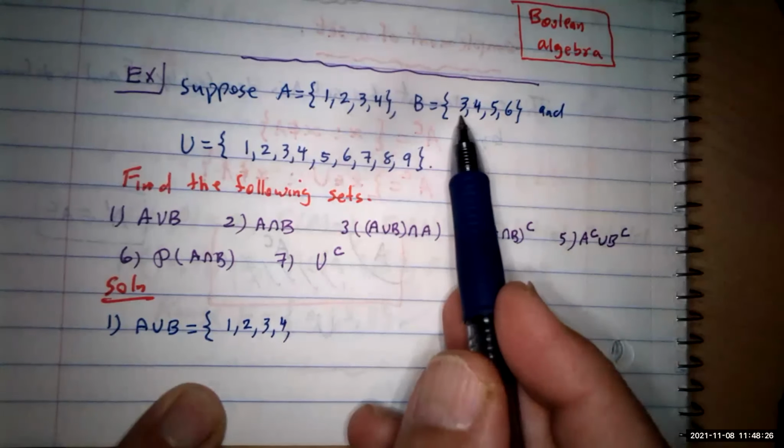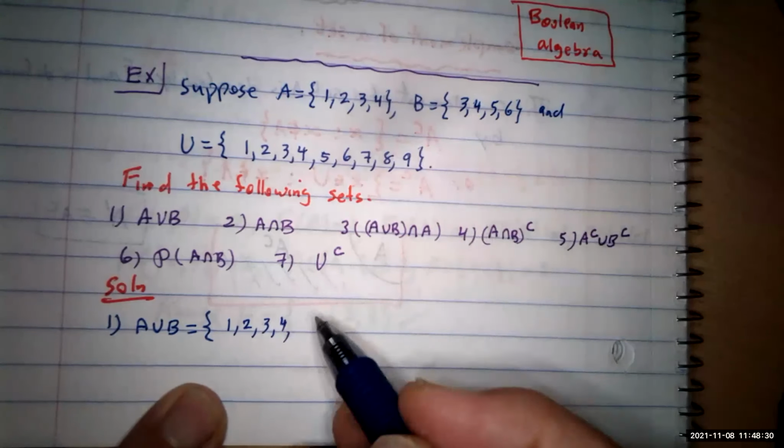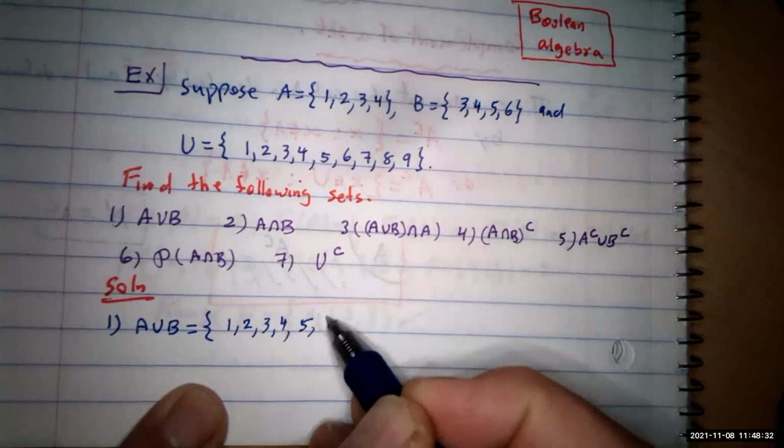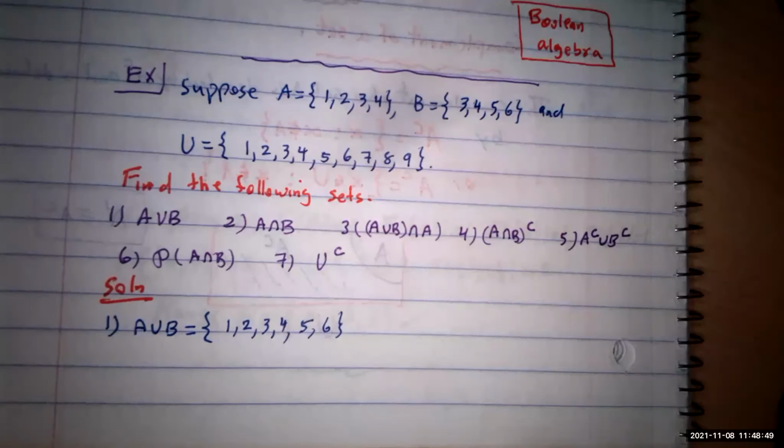You see you have the 3 already, 4 already. So the new ones are going to be 5 and 6. That's A union B. So it covers all the members of the A and all members of the B, and it covers them once. You're not going to repeat anything. Any question?